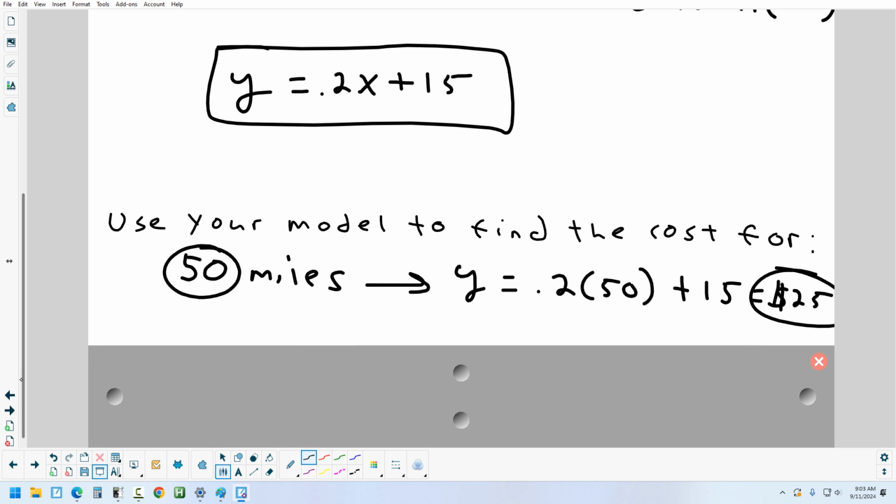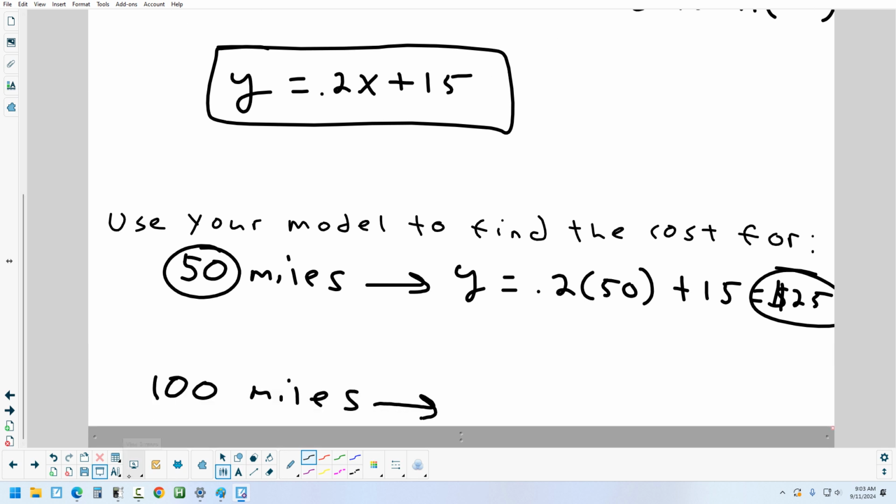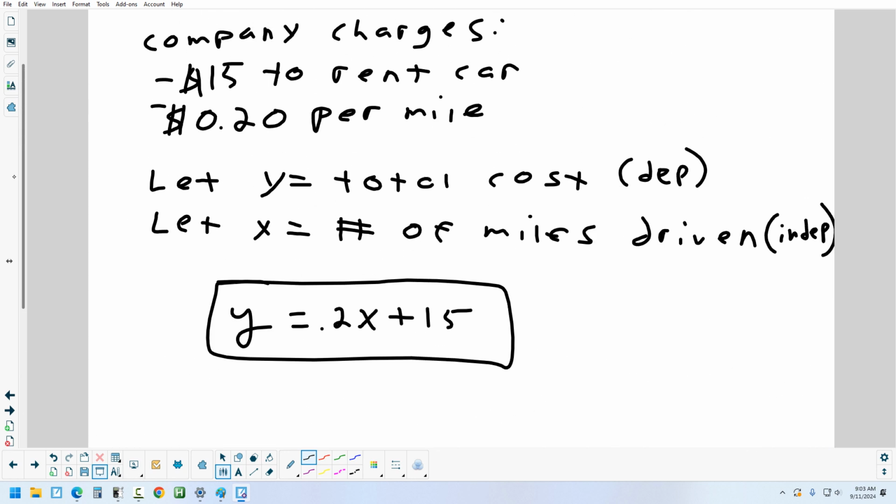All right, now the next one, 100 miles. Since it's double the distance, can I just double the cost and say it's going to cost $50? No? Why not? Well, you could double the 10, but you can't double the 15 on it. Yeah, you're going to double the cost for the mileage part, but you don't want to double the cost for the 15, because that 15 is just a one-time fee.